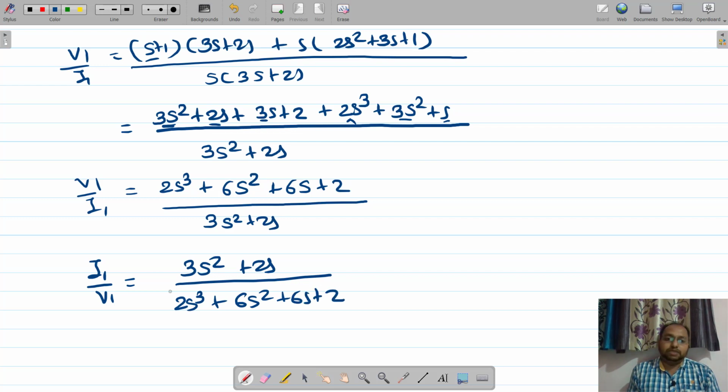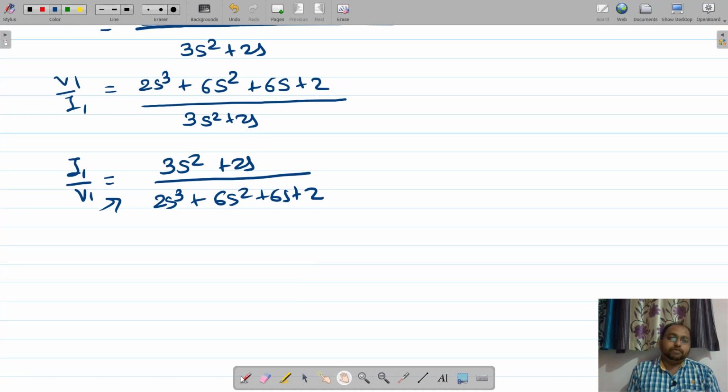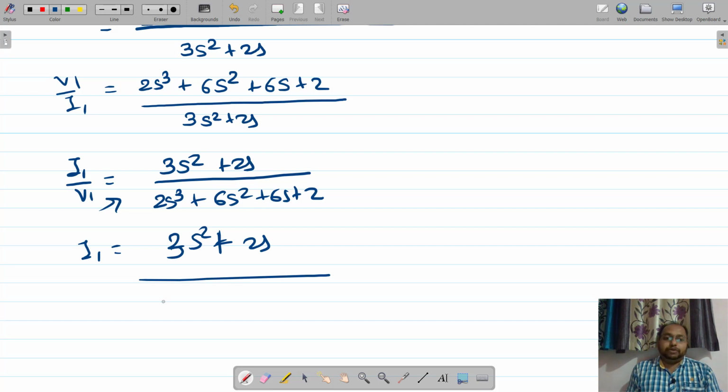Now let us transfer this V1 to the right hand side. Therefore, I1 is equal to (3s square plus 2s) divided by (2s cube plus 6s square plus 6s plus 2), multiplied by V1.